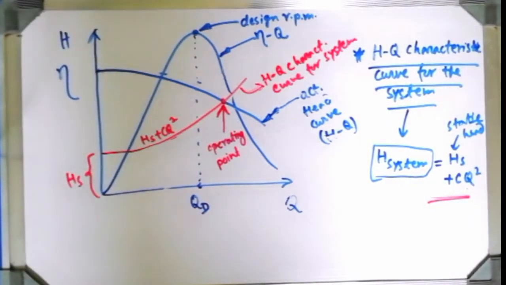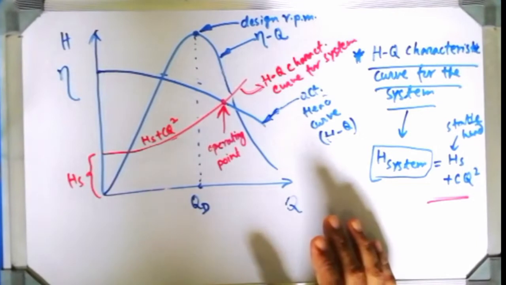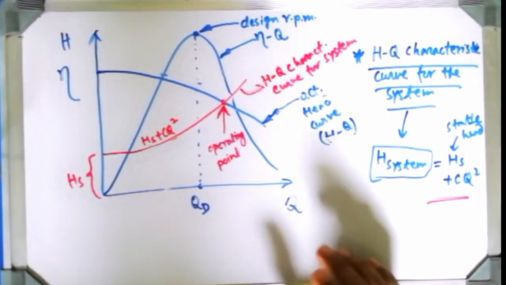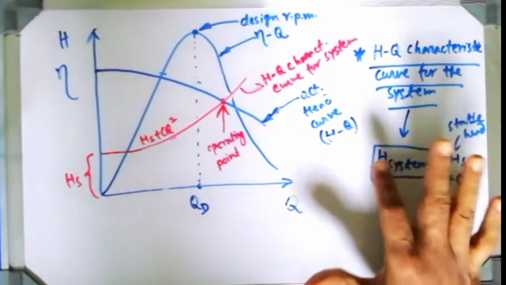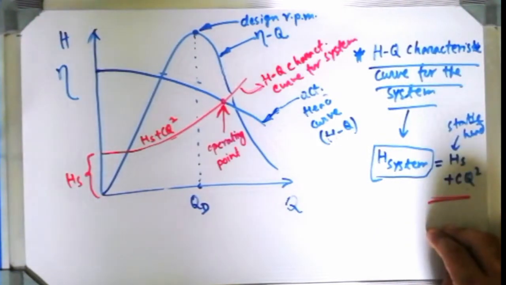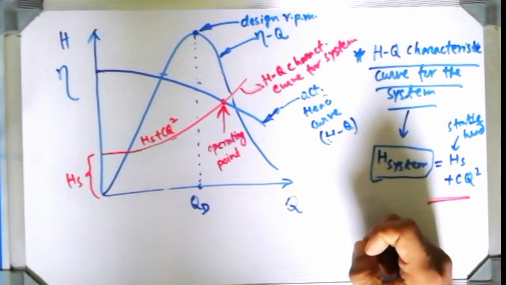Sir, operating point and design point... Operating point means the point at which the pump is actually working. Obviously, in the actual case we have to consider all the losses in the suction line and delivery line. Why are those losses coming? Due to every kind of fitment in the pipeline.